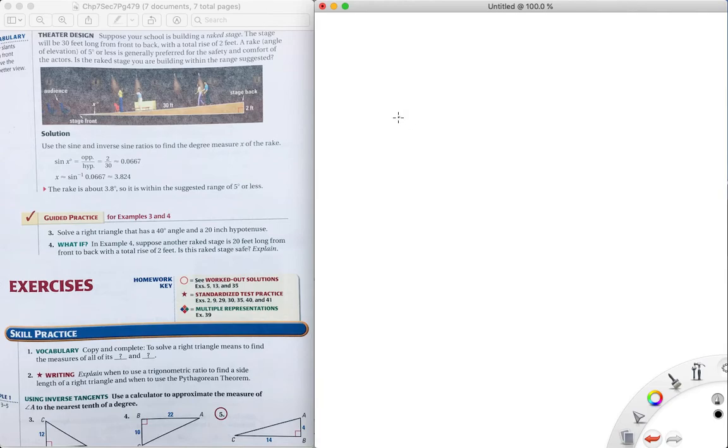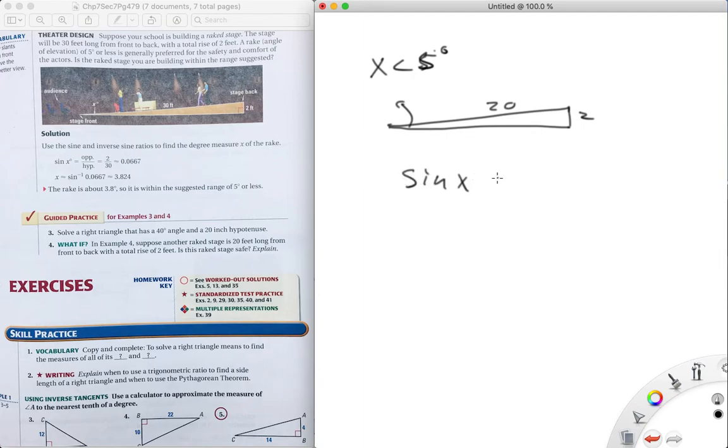Last one, we have a little ramp here. This is 2 feet. This is 20, and x has to be less than 5 degrees. Otherwise, this thing is considered unstable. So we need to know if this guy could be 20 feet by 2 feet. Opposite over hypotenuse, so we use sine. So sine of x equals 2 over 20, which is 1/10.